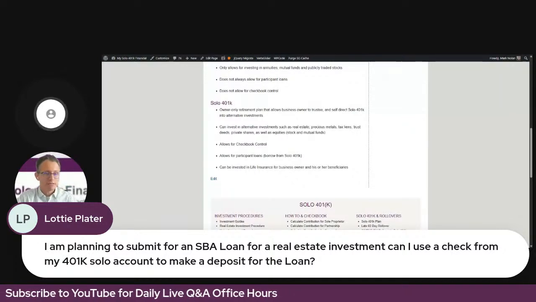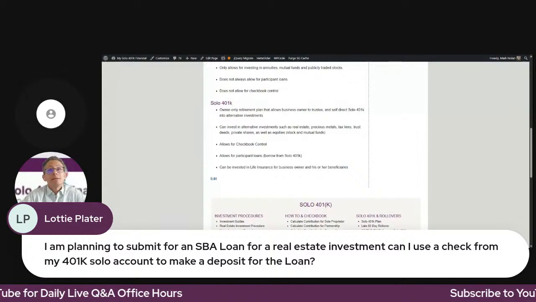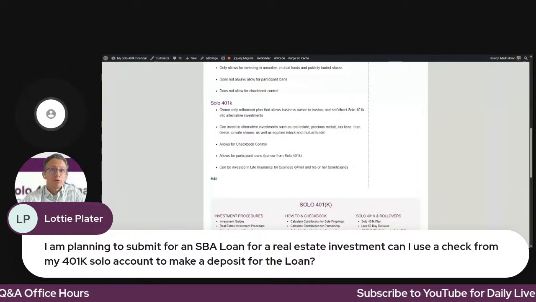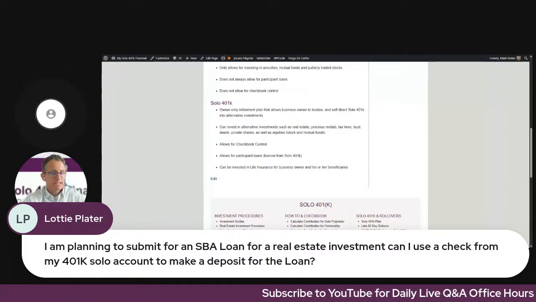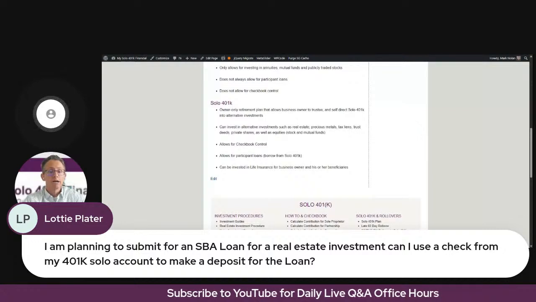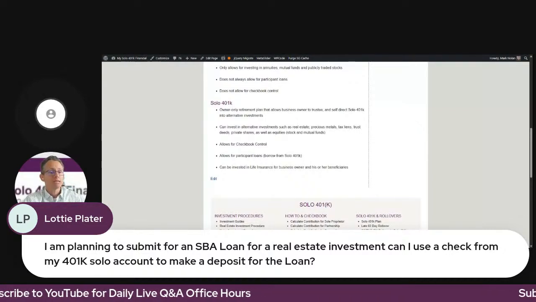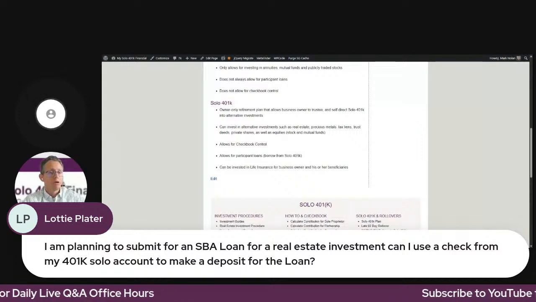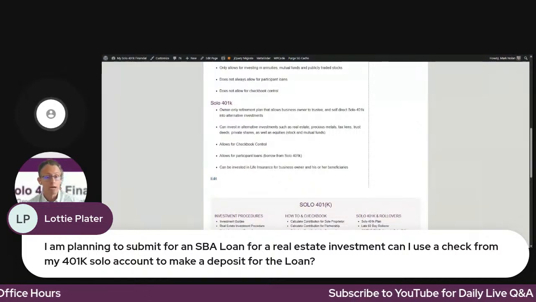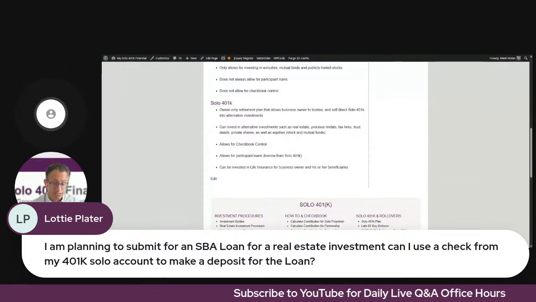You can even trade options, futures. It also allows for checkbook wire control, meaning you can place investments by writing a check or you can do it by wire. It allows you to take a loan from the plan, known as a 401k participant loan, where you can borrow 50% of your solo 401k balance, not to exceed 50,000.